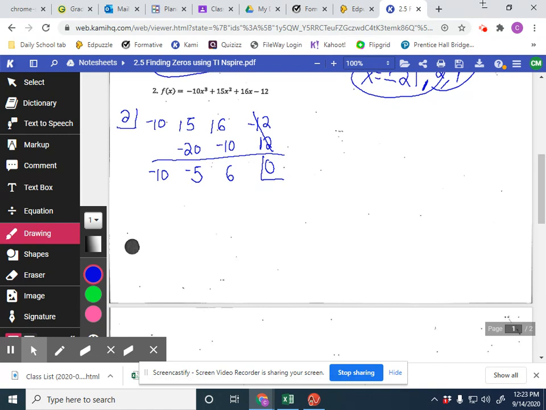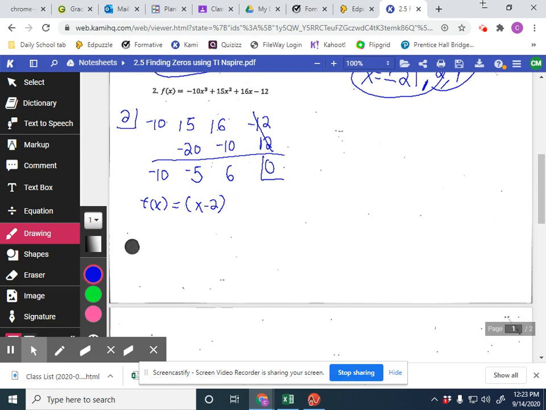Now, to find those other 2 zeros, I know I got those ugly decimals. We would want to do this next step where we're going to use the quadratic formula. So 2 is a 0. What we've proven, if 2 is a 0, using the factor theorem, its factor is x minus 2.